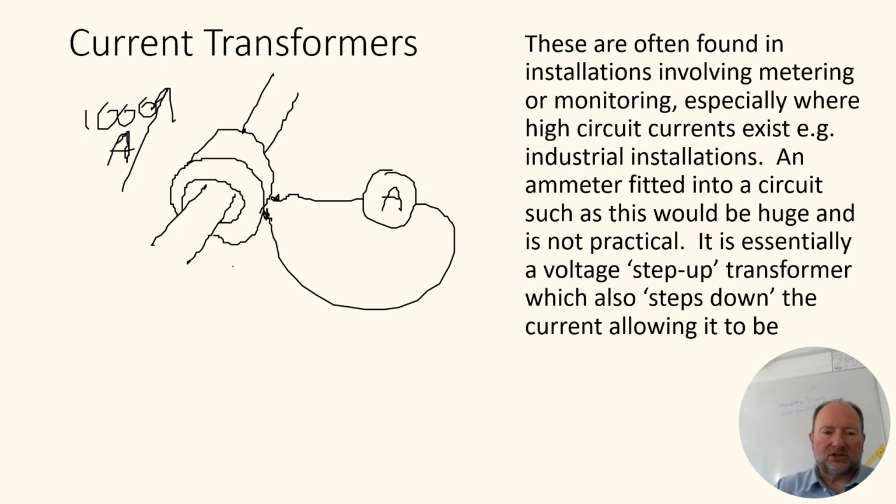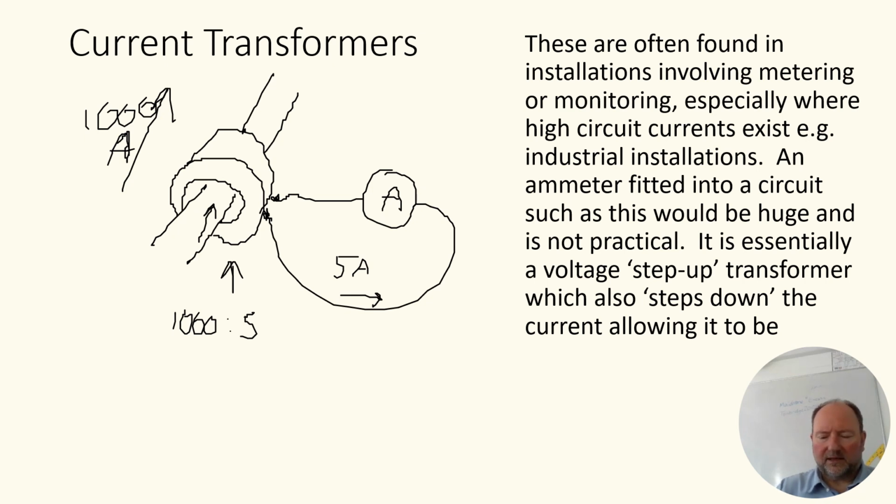That might have a ratio of something like 1000 to 5, which means that for every 1000 amps flowing up the conductor, no more than 5 amps will flow in the secondary circuit. So 5 amps is a much more manageable current to measure. We can literally measure 1000 amps with a CT with this sort of arrangement, with a lower current that allows us to measure the current quite easily.